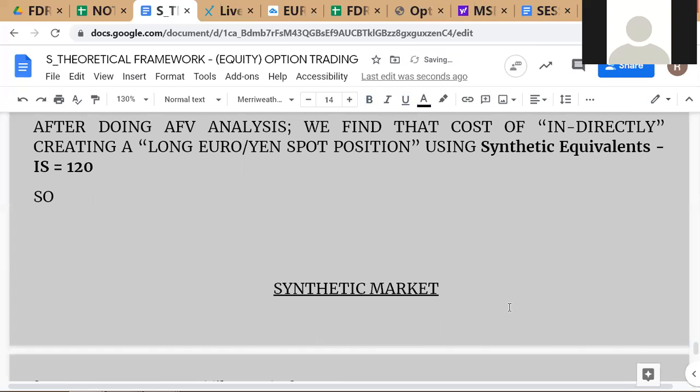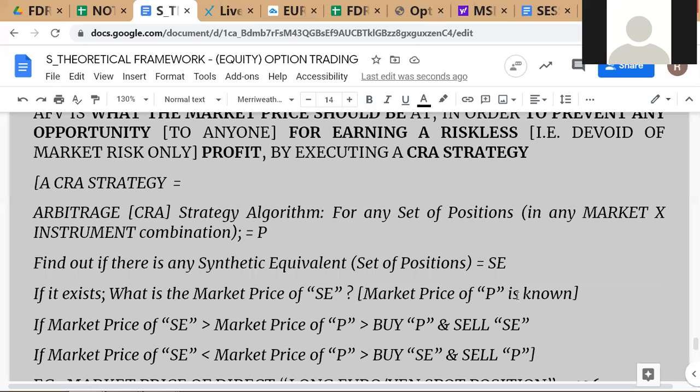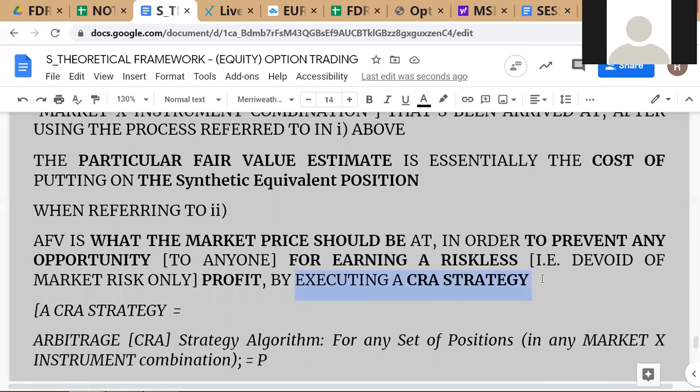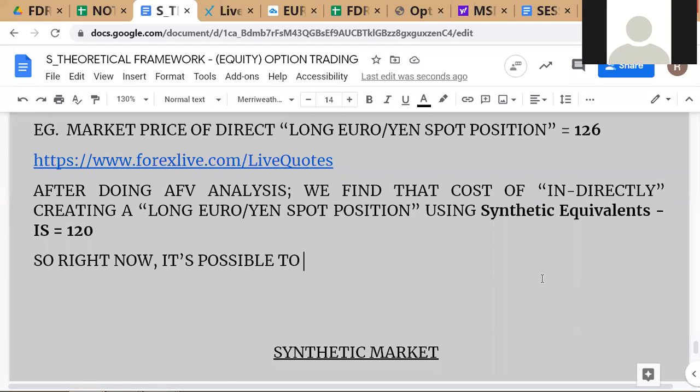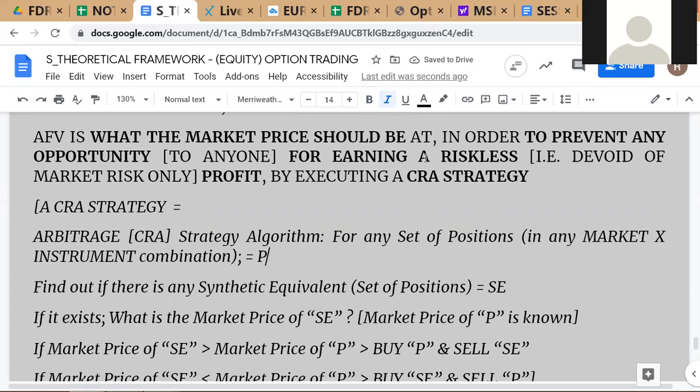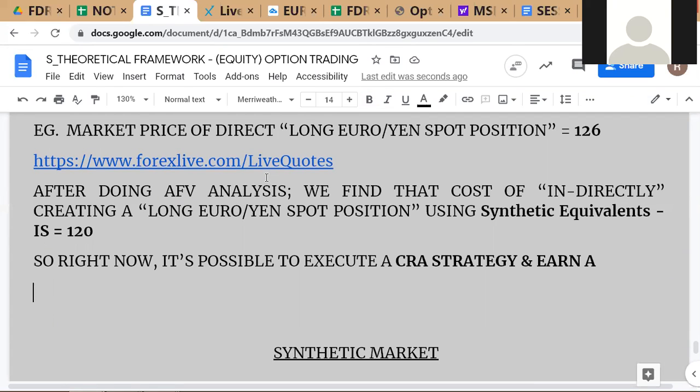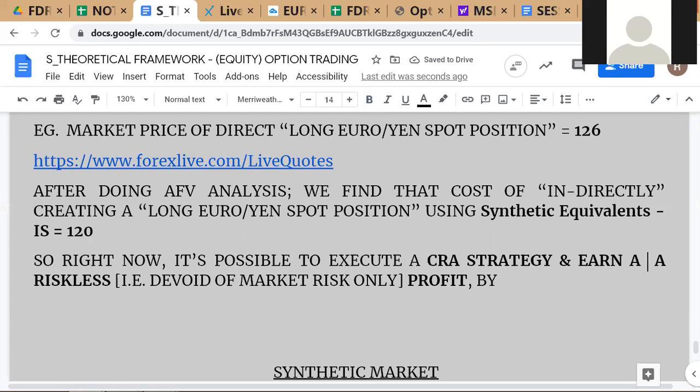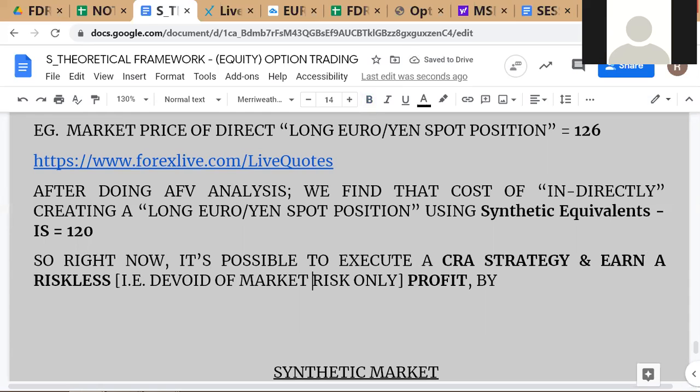So right now it's possible to execute a CRA strategy and earn a riskless profit.